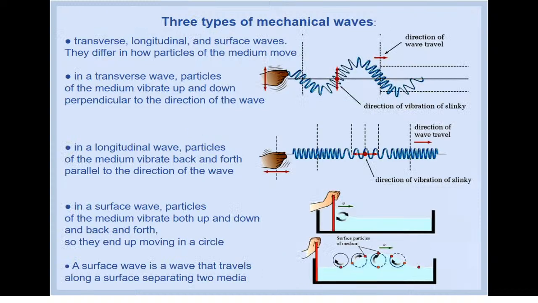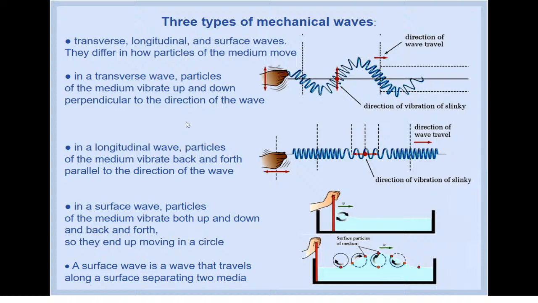So, the classification of the mechanical wave is based on the kind of vibration of the particles of the medium. What does this mean? The kinds of the vibrating: the direction of the vibrations of the particles relative to the direction of the propagation of the mechanical wave.